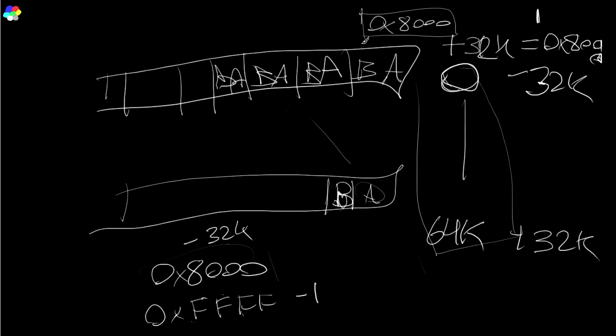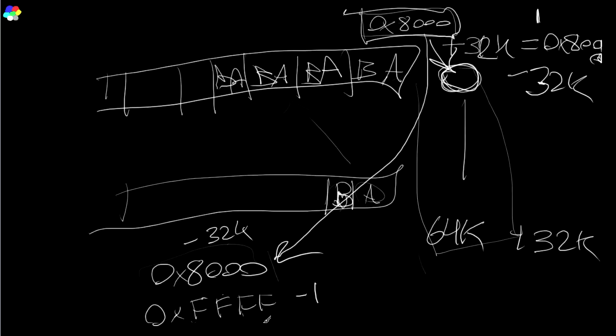So by adding this number to the smallest unsigned integer, you get the smallest signed integer. So what happens if we add this to the largest unsigned integer? Well, the largest unsigned integer is 0xFFFF.